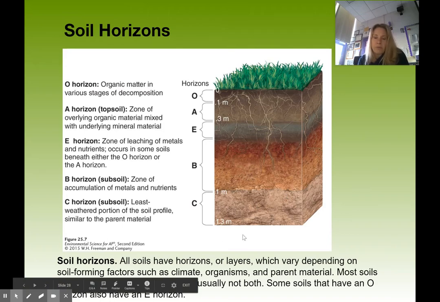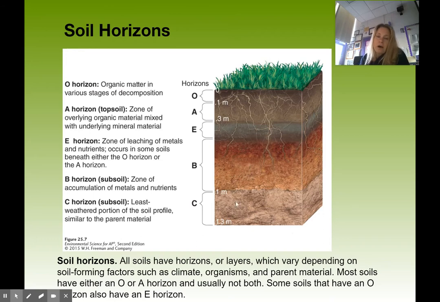Bedrock would be down below, and we would not be taking a sample of bedrock because that's usually solid rock. But these are our layers, so just have them memorized. O horizon, organic, just think of organic. And then they go in order, except for the E, which is a leaching of metals. It's the alluvium horizon, and so it starts with an E. But otherwise, they go in alphabetical order.